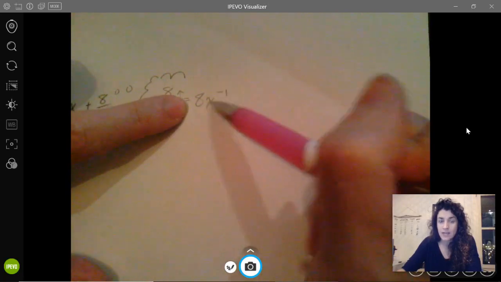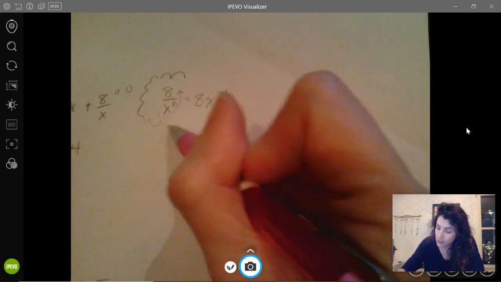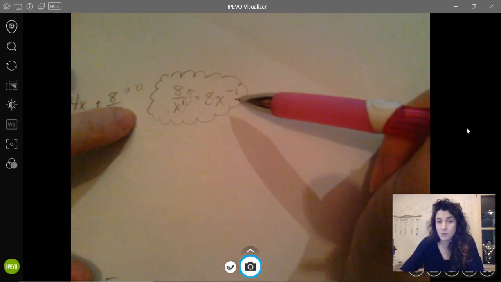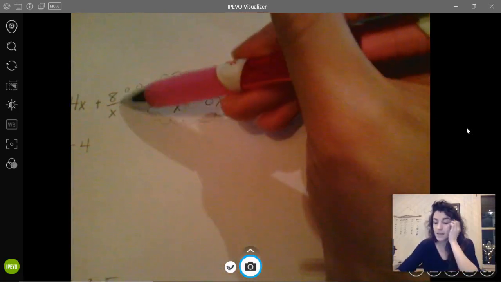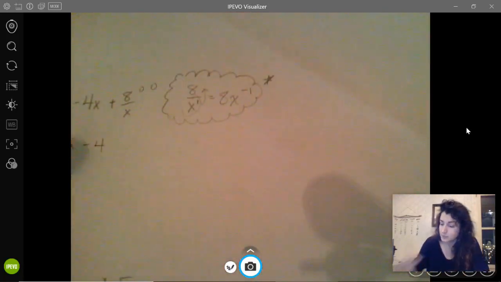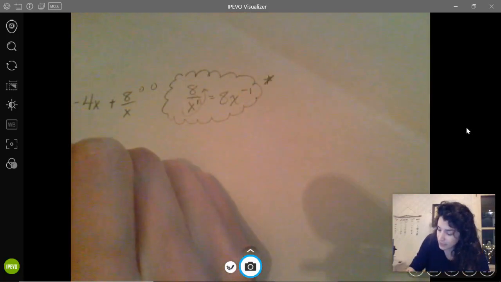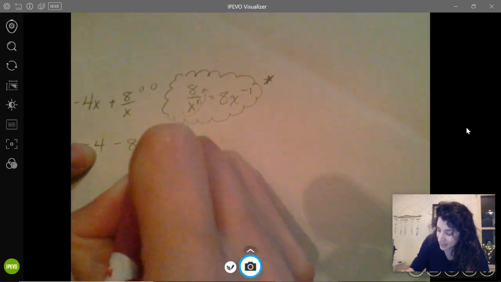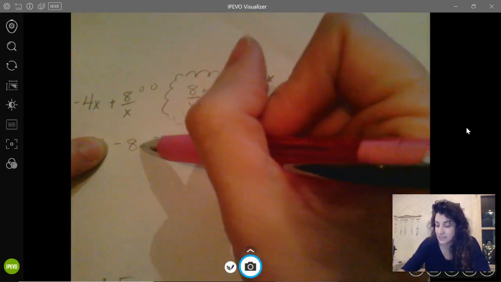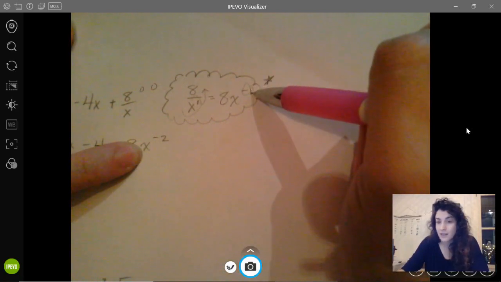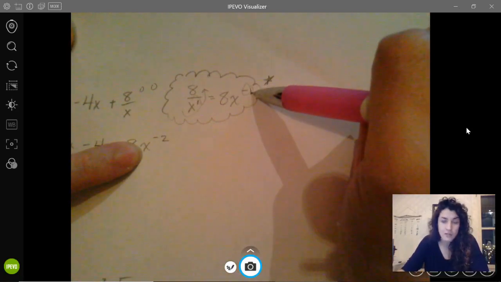And that way it looks just a little bit more like something we can handle using the power rule. So I would like for you to tell me, what is the derivative of 8 over x? It ends up being negative 8x to the negative 2, right? Negative 1 times 8 is negative 8, and then you get 1 less than negative 1, which is negative 2.